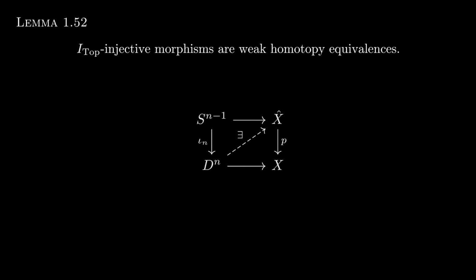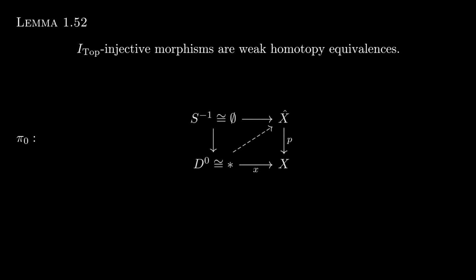But okay, when n is 0, Dn is D0, which is just a point, and its boundary, or S-1, is just the empty set.